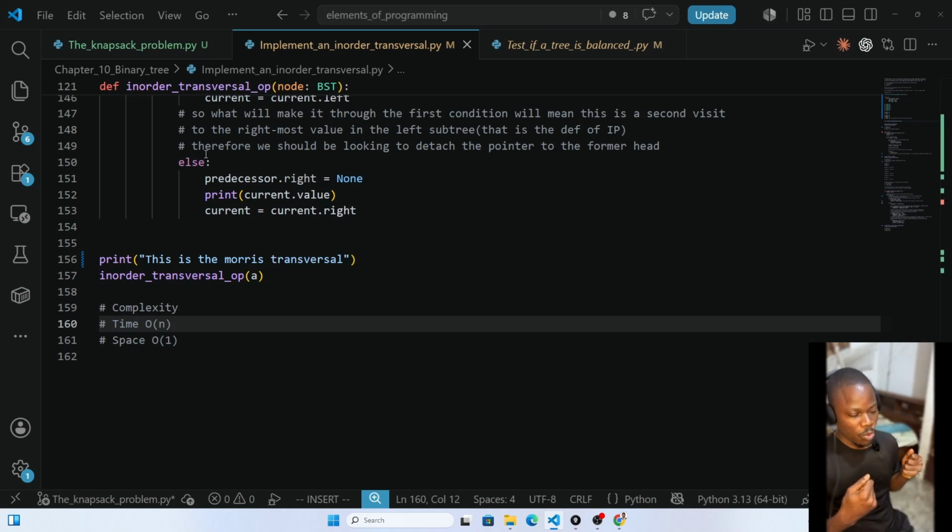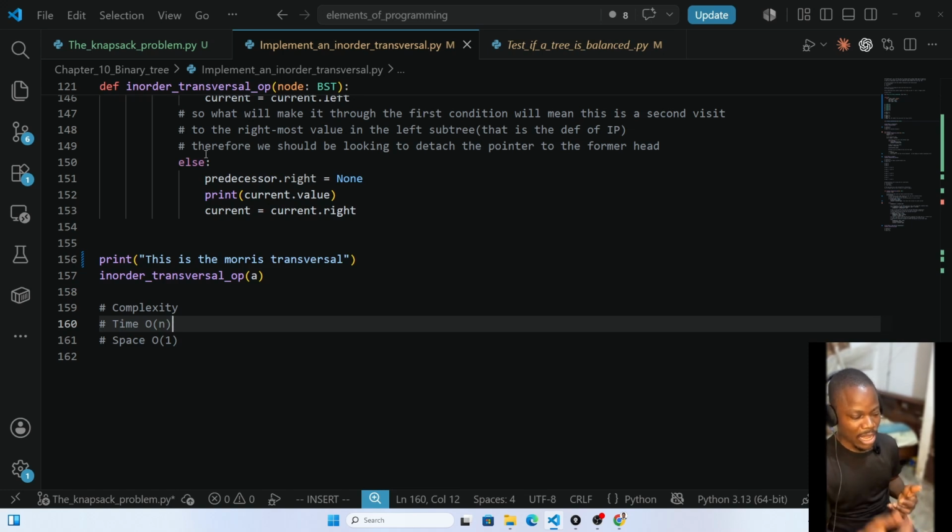But one thing the question also spoke about, which is the caveat I was talking about, is that he said the tree shouldn't be modified, right? He says the tree shouldn't be modified. And for that very reason, there is another follow-up to the question.